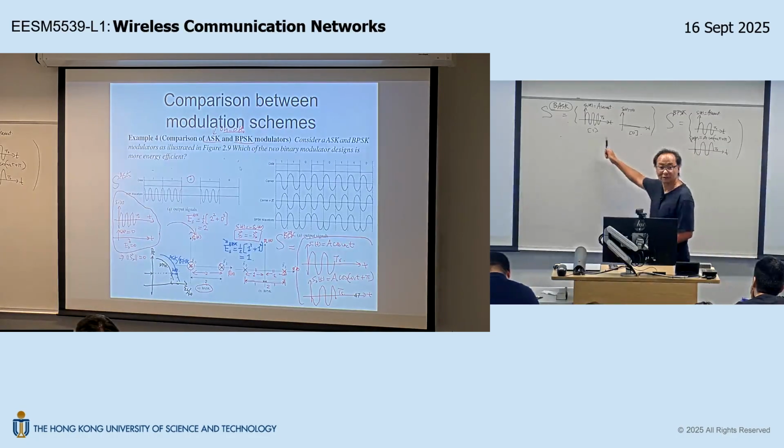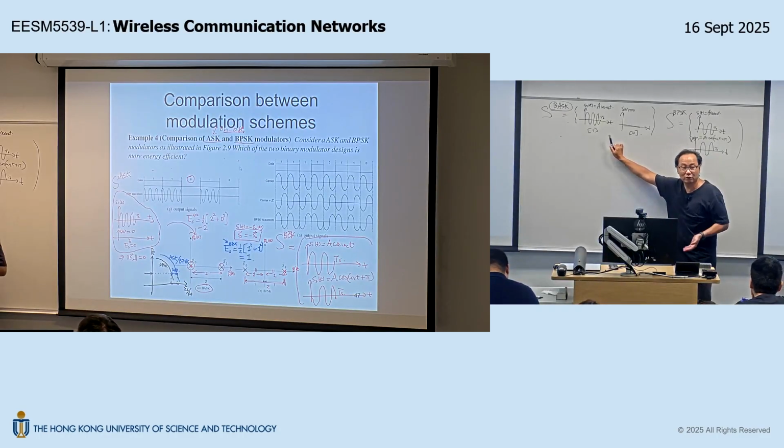ASK, right? Now, let's do an opinion poll before going through the analysis. I'm asking which one will be more energy efficient? Which one will save more energy to achieve the same error probability, okay? Anyone vote for ASK, raise your hand. A few hands. Don't be shy, okay? You just voice out what you believe.